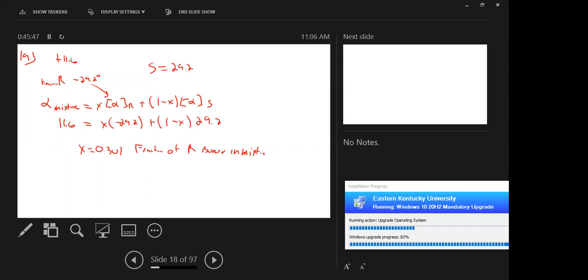To get that in a percentage, you multiply this by 100, so you get 30.1%. If you know the fraction of the R, for the S you just take 100% minus that. 100 minus 30.1, you don't have to use a calculator for that, is 69.9%. This is the fraction R, and this would be the fraction S.